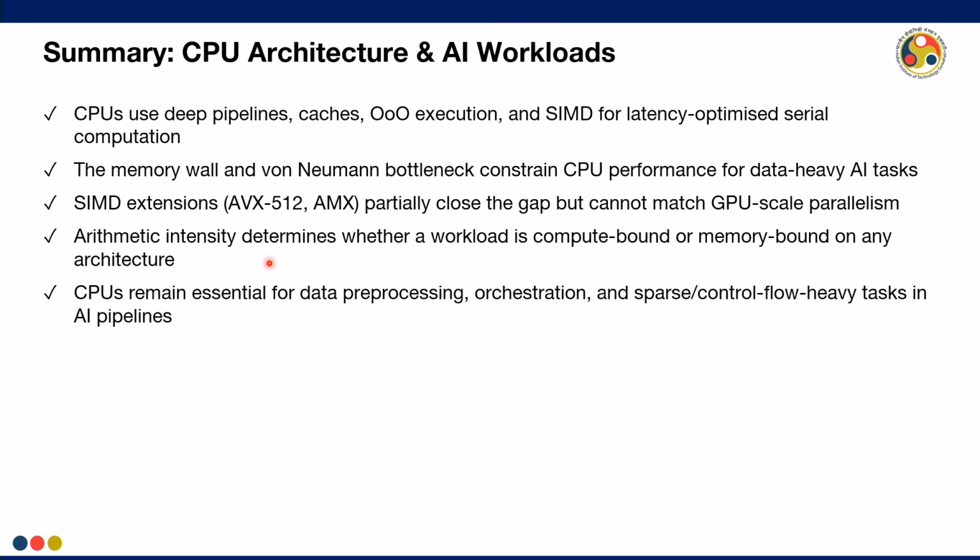Arithmetic intensity is very important for AI workloads, so you should learn how to compute it for a particular workload. It's very easy: the ratio between the operations and the memory operations or bandwidth. And CPUs remain essential for data preprocessing, orchestration, and control heavy tasks in the AI pipelines. With this, we will conclude this segment. Thank you.